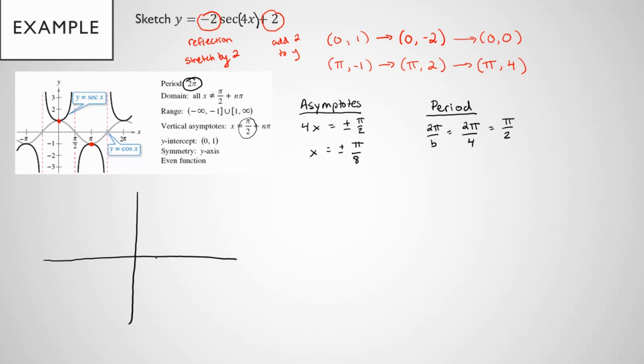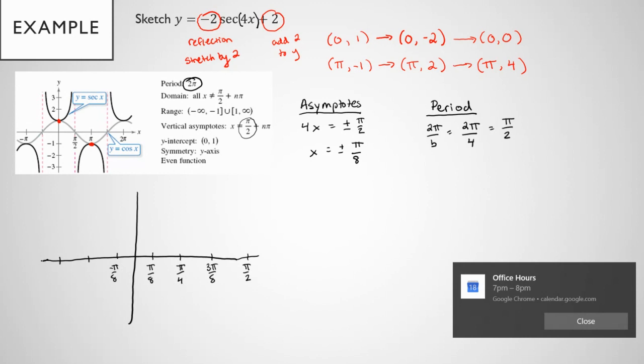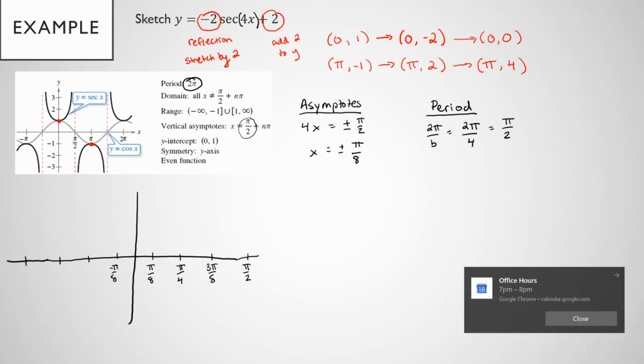So since my asymptotes are at pi/8, I'm going to count by pi/8. So that would be 2 pi/8, which is pi/4, 3 pi/8, 4 pi/8 would be pi/2. And then I'm going to do the same thing in the other direction.